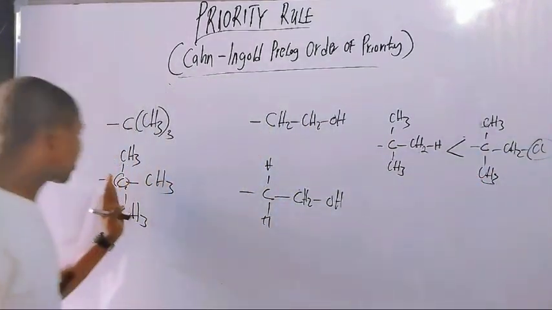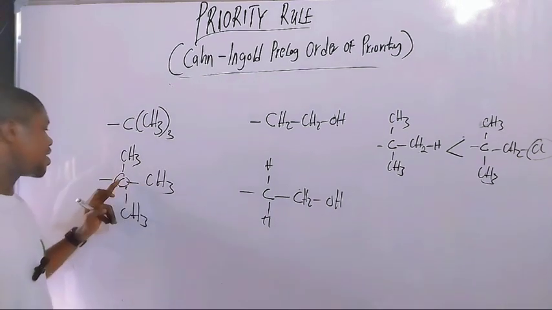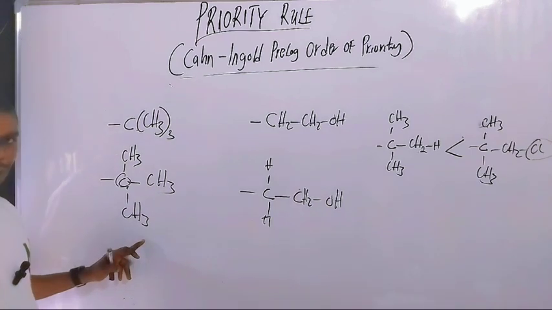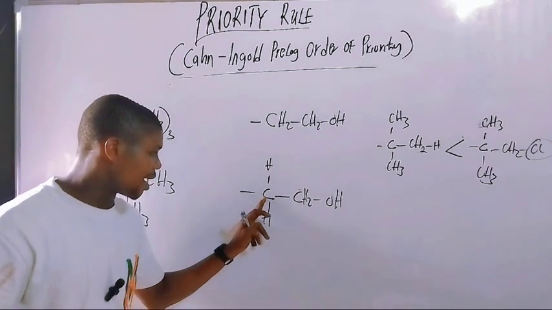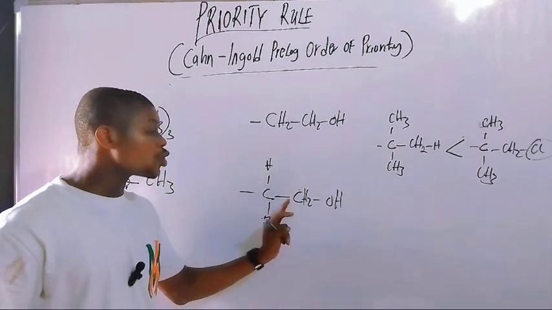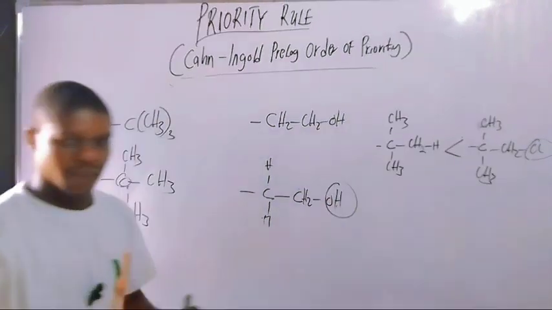Now, when you are comparing a compound like this, CH3, this carbon here has 3 different groups. Do you understand? What is directly attached to this carbon? 2 hydrogen and 1 carbon. Although this carbon has OH attached to it, the OH is not important here. Do you understand?